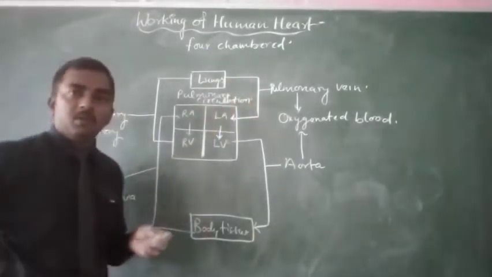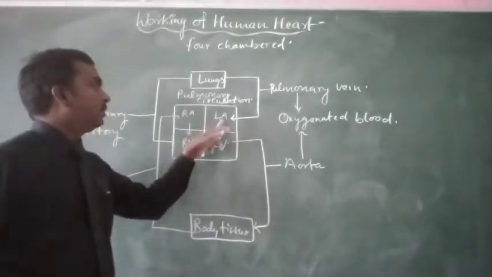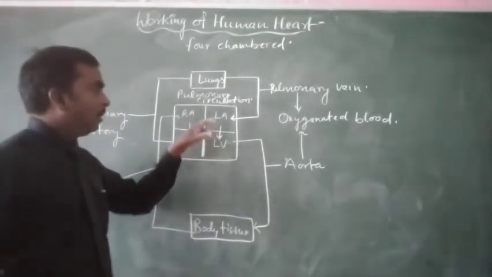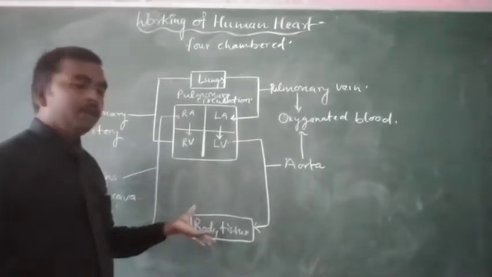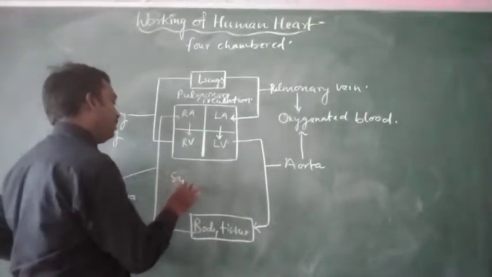The other is between the left side of the heart and body tissue, and this kind of circulation is known as systemic circulation.